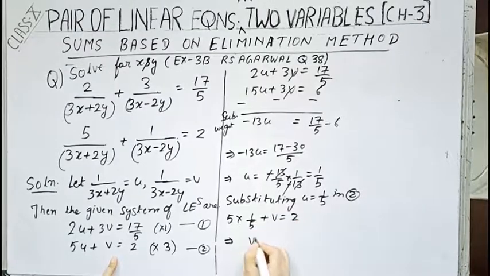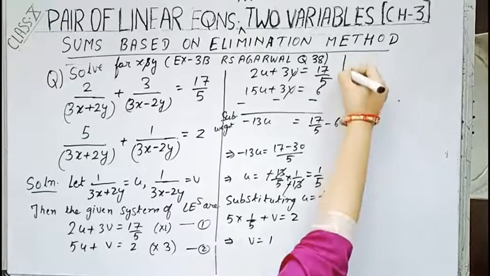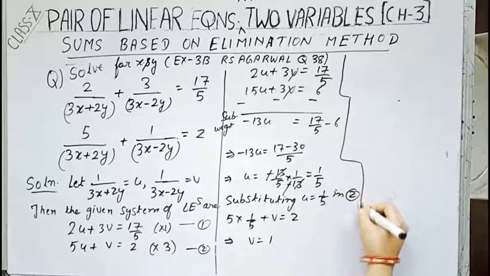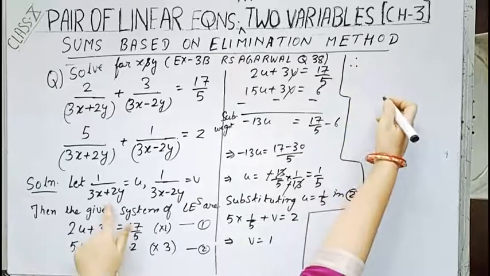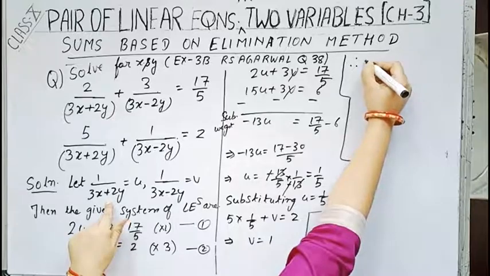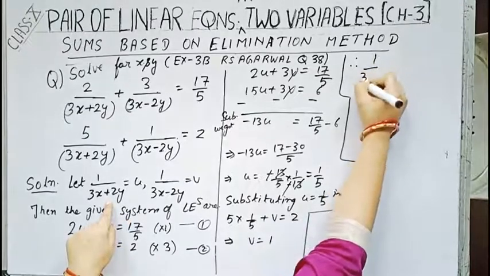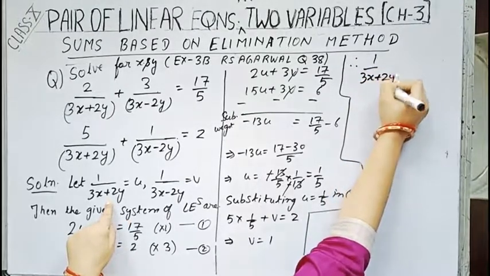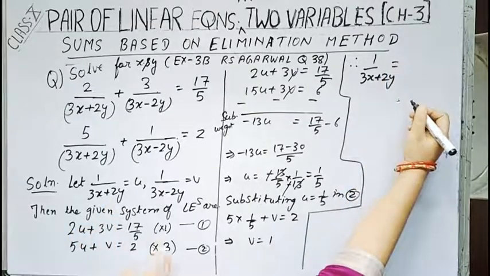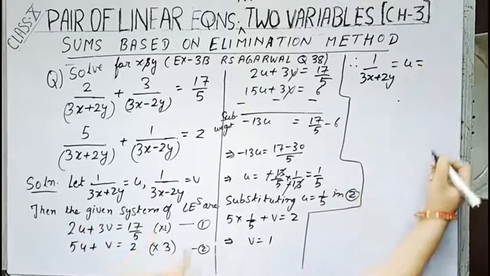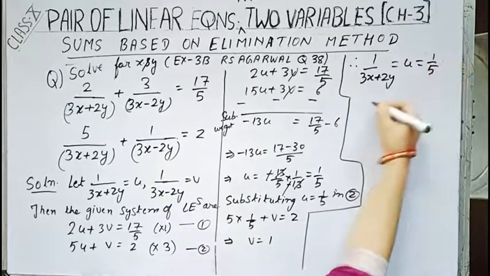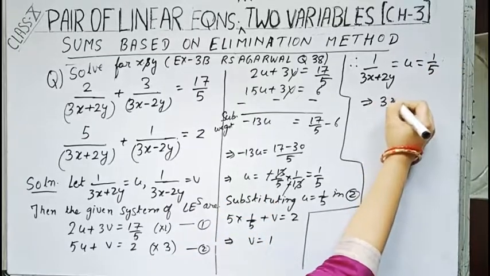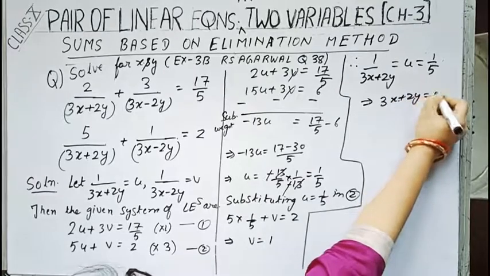This implies v equals 1. Now let us go to our substitution. 1 by (3x plus 2y) equals u, and the u value is 1 by 5. This implies 3x plus 2y equals 5.